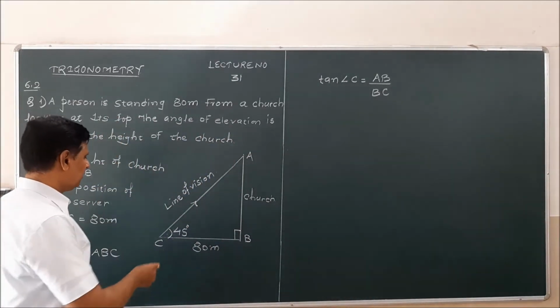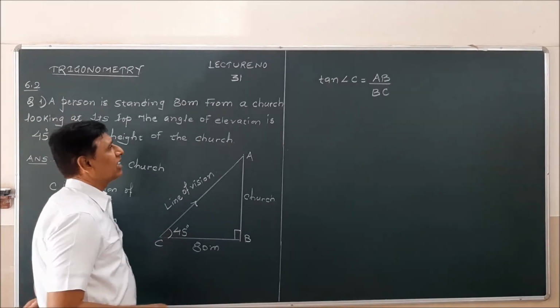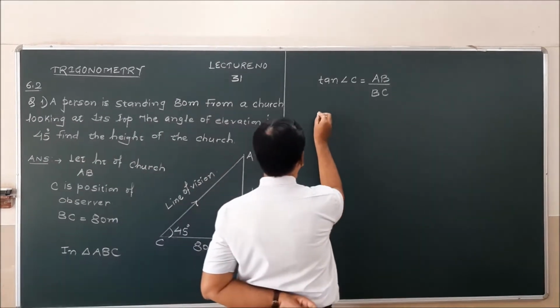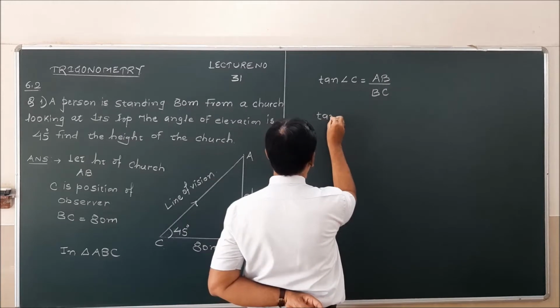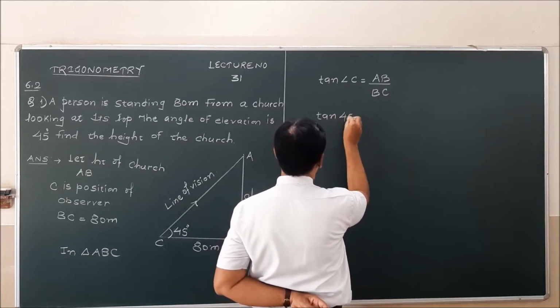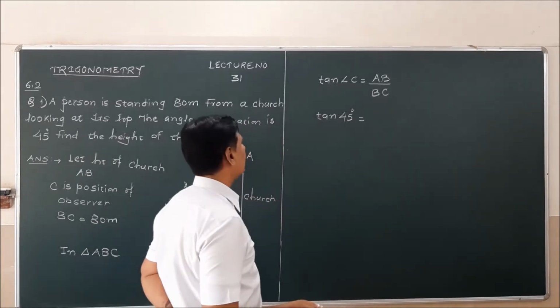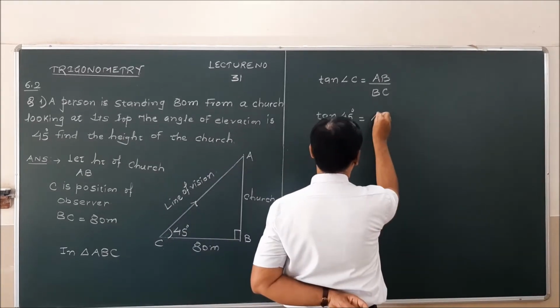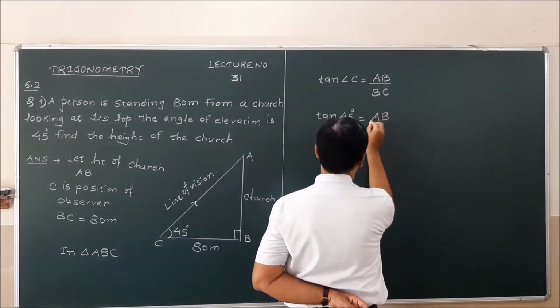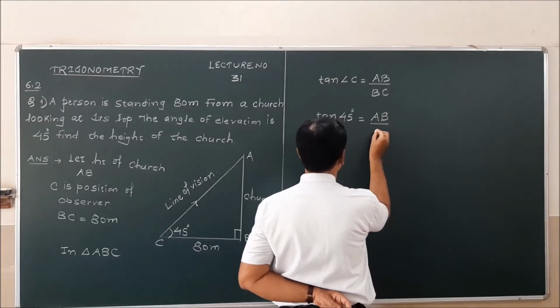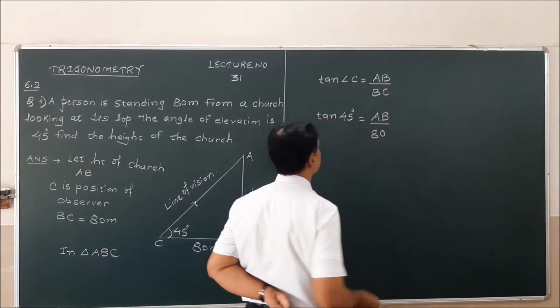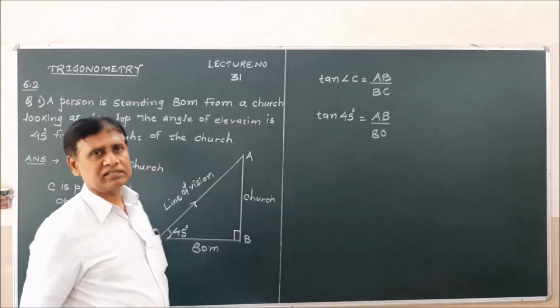Then it is very easy. The angle is given as 45, so tan 45 is equal to, we have to find out AB upon BC. BC is given as 80.